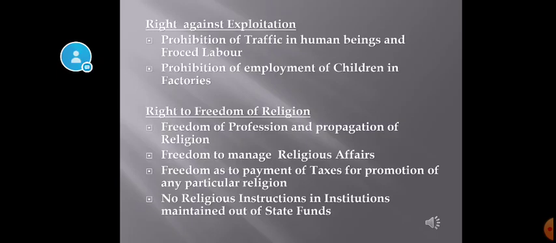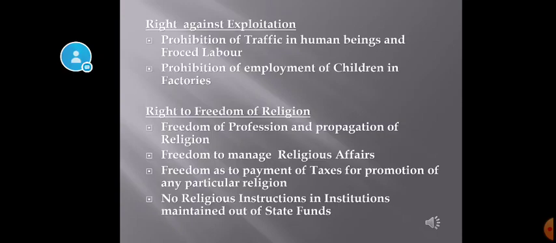No religious instruction shall be provided in any educational institution wholly maintained by state funds. As regards state-aided or state-recognized institutions, there is no check on giving religious instruction, but no person can be required to take part in any religious instruction unless such person gives his consent, or, if he is a minor, the consent of his guardian has been obtained.